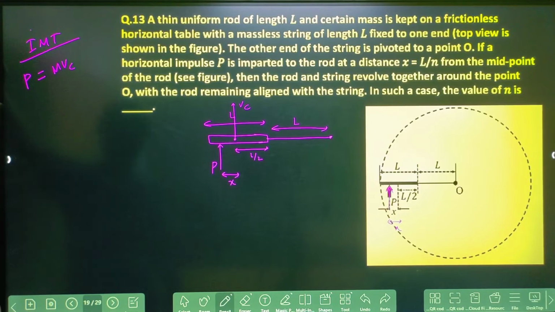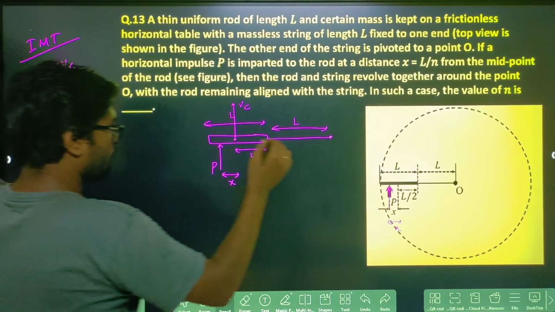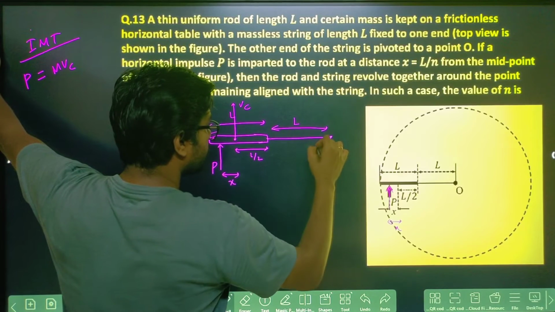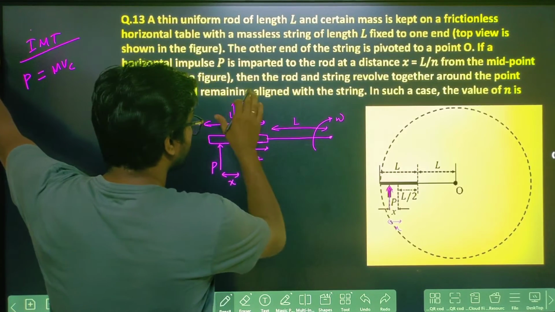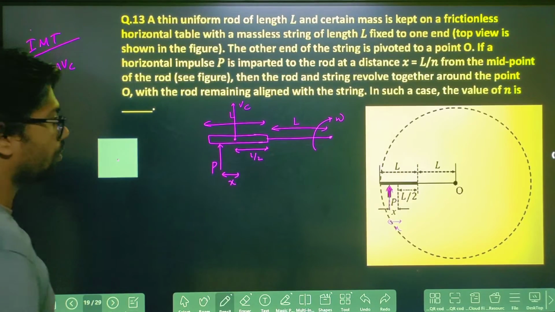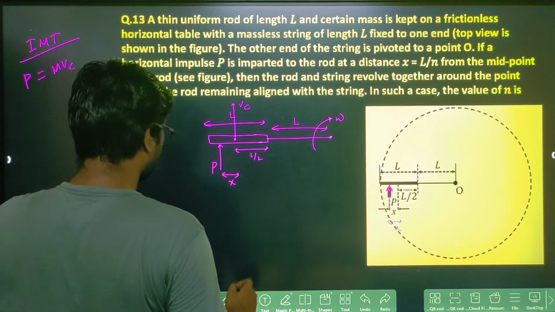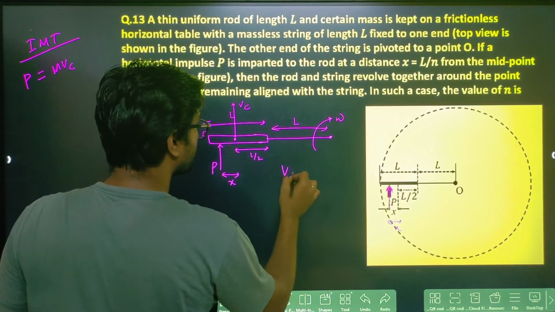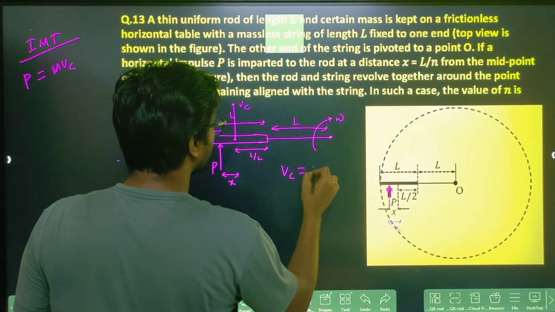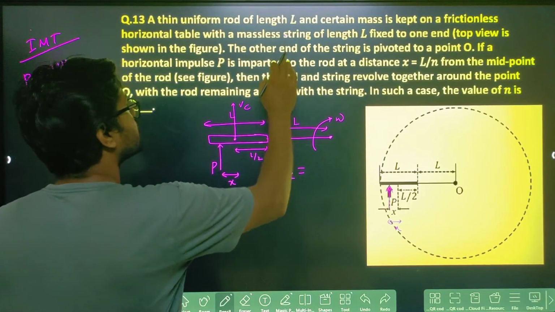If it is rotating, because it is revolving, let's say it is rotating with omega, then you can find out the vc value, right? So obviously the vc will be, just a minute.